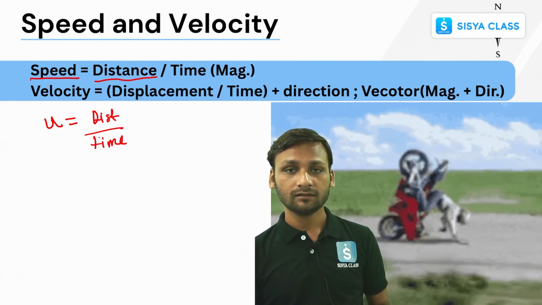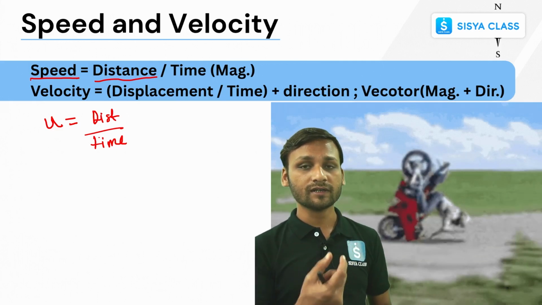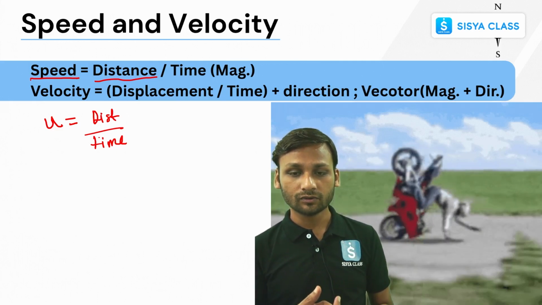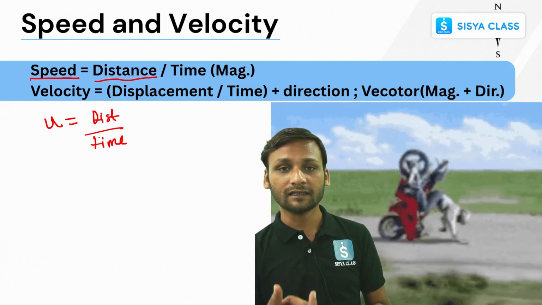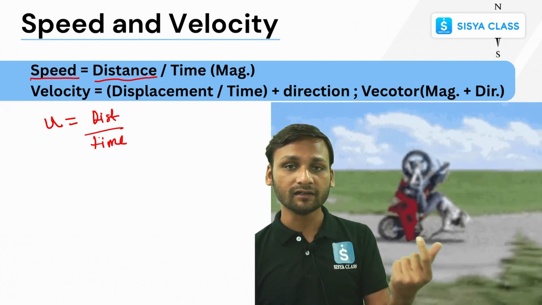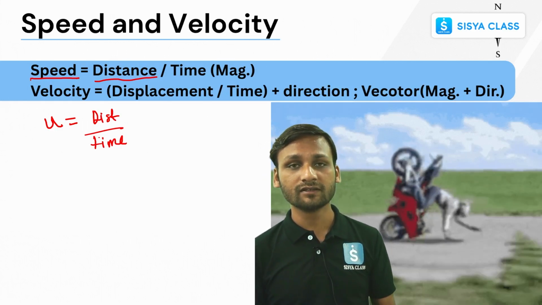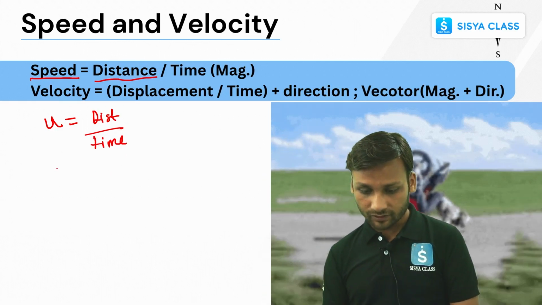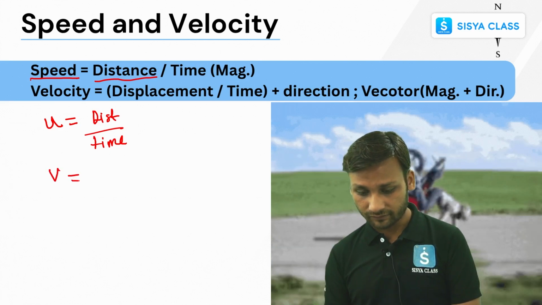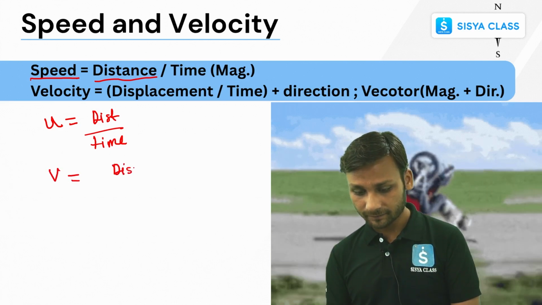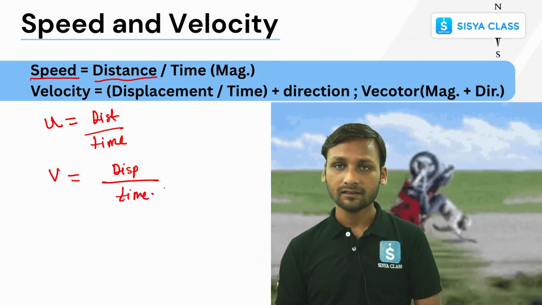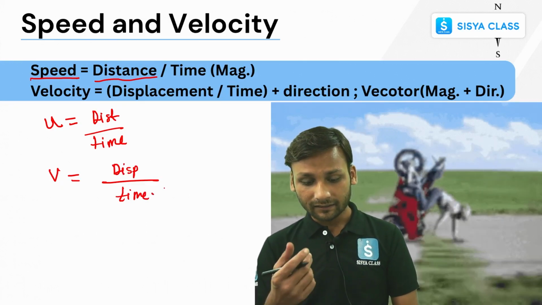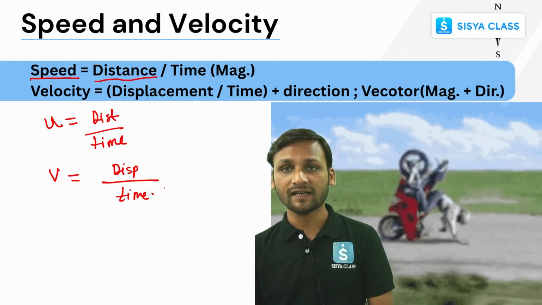You can't measure it using the distance. You can only measure velocity by using the displacement, because displacement is also a vector. So the velocity, if I define it as v, is the displacement divided by time. Clear? And velocity will have magnitude as well as direction.